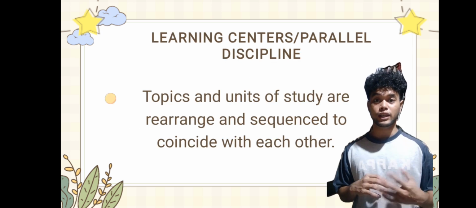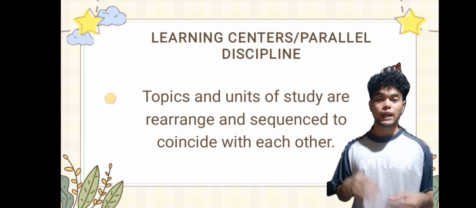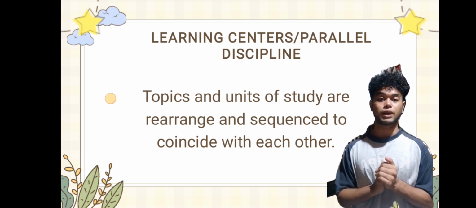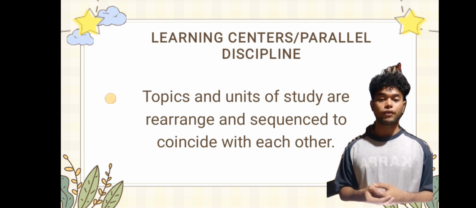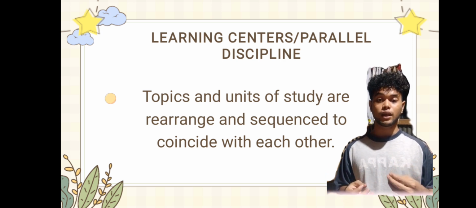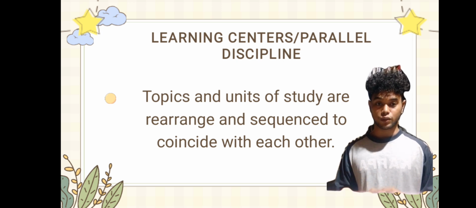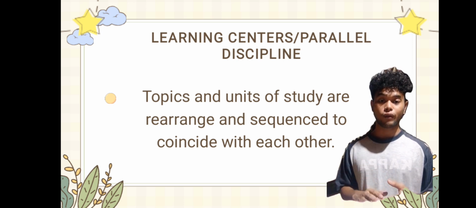Next is the learning centers or the parallel discipline. It is a method where students explore a single topic or theme through different subject areas, often by utilizing dedicated learning centers within the classroom while keeping the disciplines somewhat separate, allowing for a moderate level of integration between subjects.